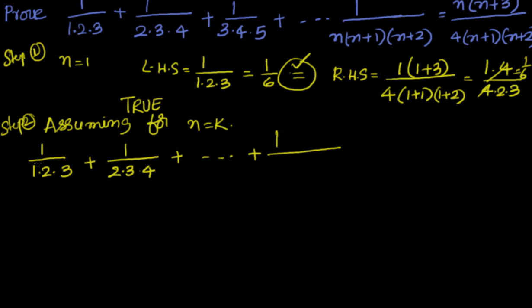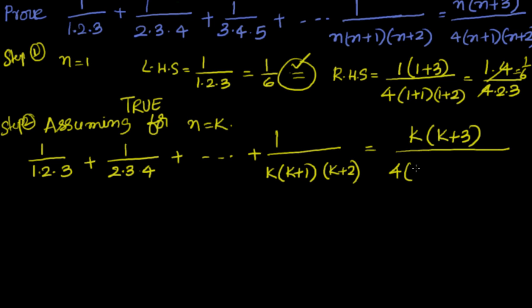You can see in the first term you are starting with 1, then 2, 3, you are increasing. So it will be similarly k, k plus 1, k plus 2, or you can directly substitute n equal to k in the nth term. We are assuming that it's equal to k into k plus 3 by 4 into k plus 1 into k plus 2. This is what we have assumed.